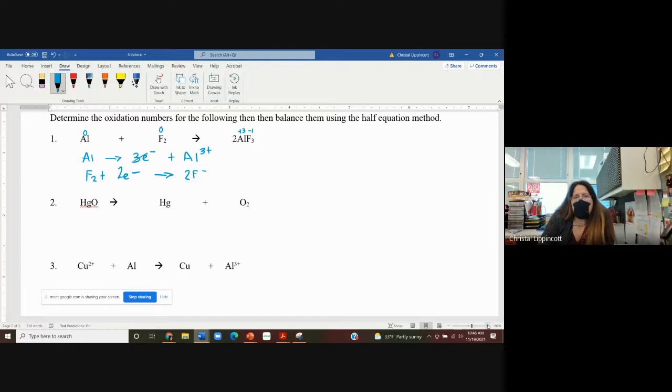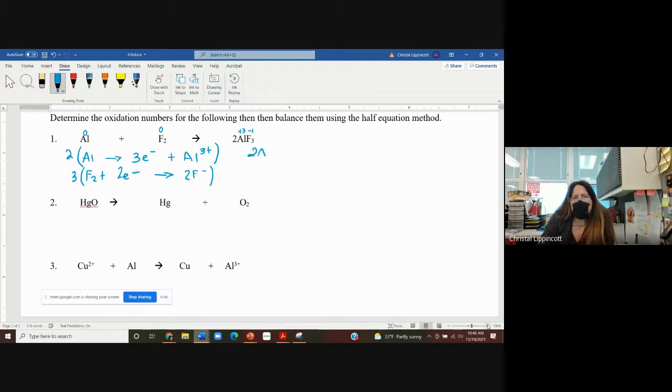Okay, so now this does not match this. So we find the least common multiple between these, which is 6. So we want to multiply this by what to get to 6? 2. And we want to multiply this by what to get to 6? 3. All right.